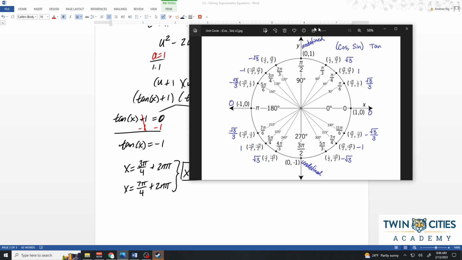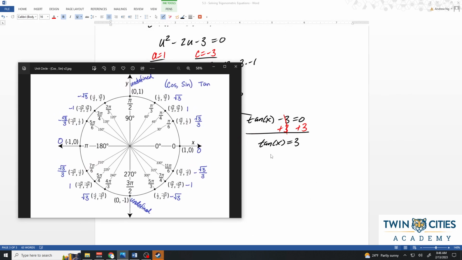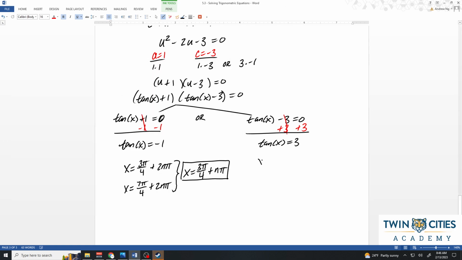Okay, what about tangent of x equals 3? Well, that's not on here. So I'm simply going to say x equals the arctangent of 3 plus n pi.